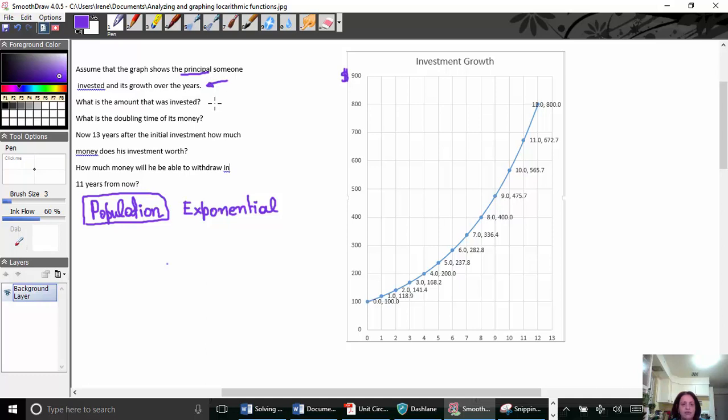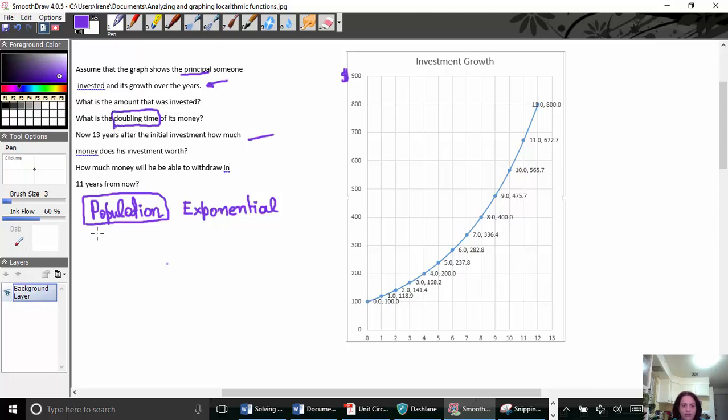We want to find out what is the amount that was invested at the beginning, what is the doubling time for the specific investment, and now we are 13 years after the initial investment, and we would like to see how much money this investment is worth. So let's start. One of the important questions right here is what is the doubling time of the money?